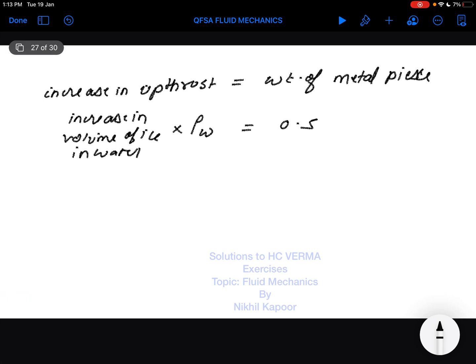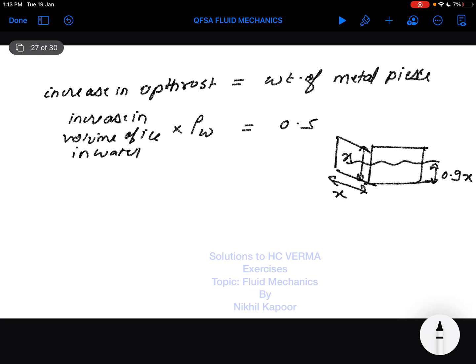How much is the increase here? When ice was freely floating, it was 0.9 times the total side. Here the total edge length of the ice cube we have considered as x. So 0.9x was already inside. The extra volume which is to be submerged is x minus 0.9x, which comes out to be 0.1x.